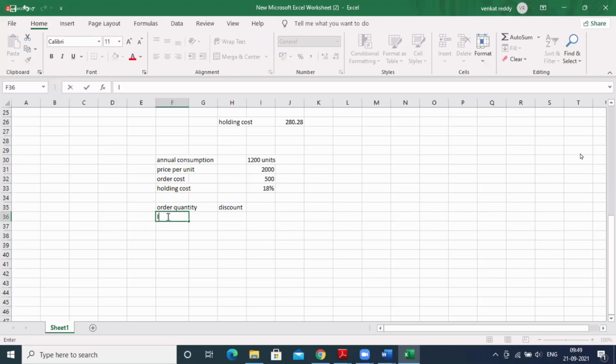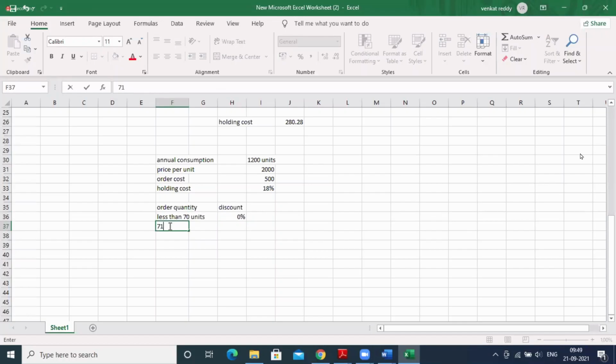Suppose if the order quantity is less than 70 units, then 0% discount.